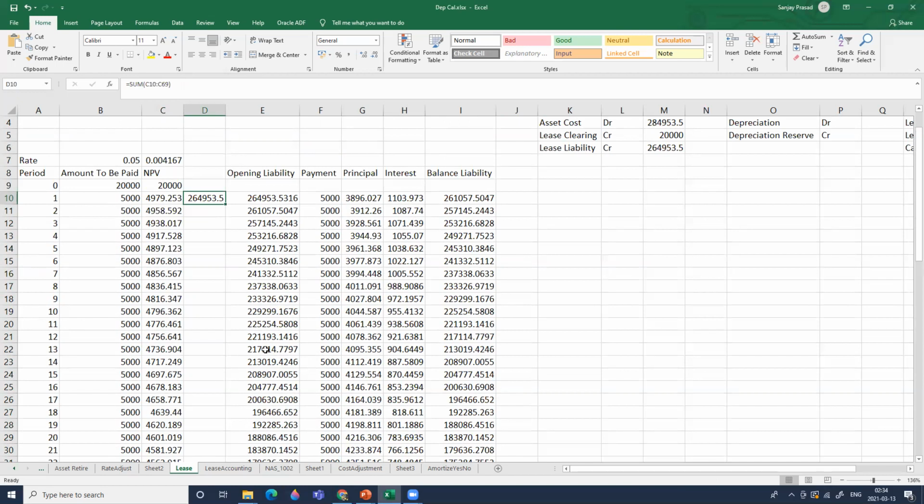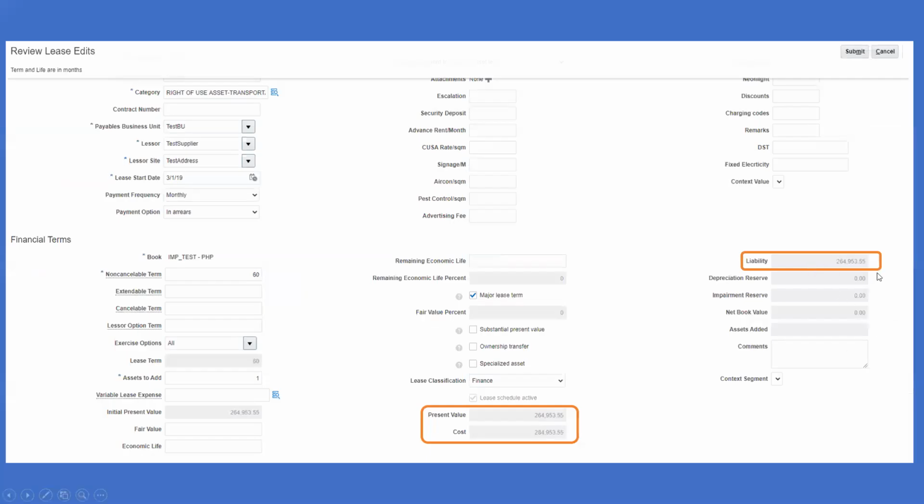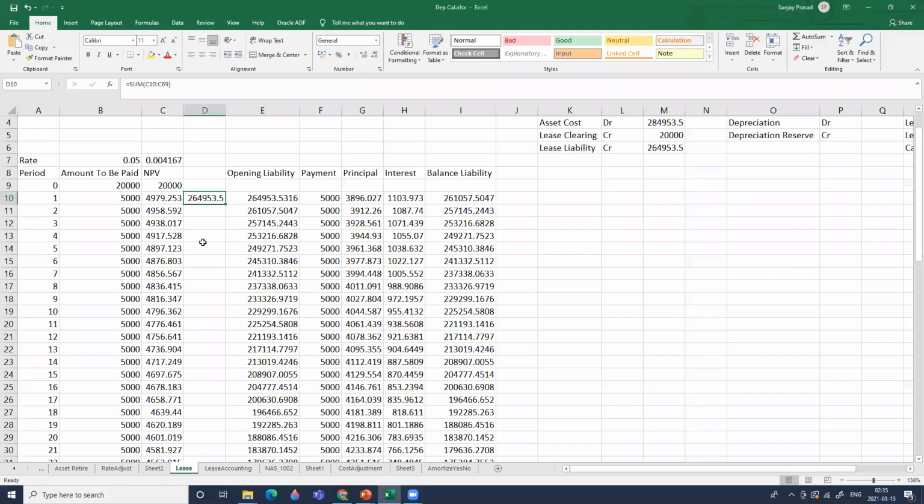That means my present liability for the future outflow is this amount, and that is what is shown here in the liability. The present value of the liability of the lease is this amount.